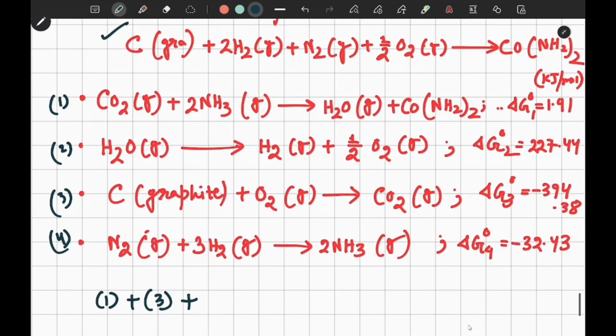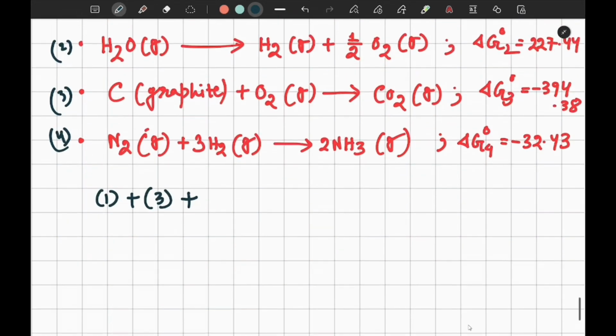Then CO2 will be there and will cancel out. O2 is there, and ammonia is there; ammonia will be cancelled out. We have to just add all four, I think.